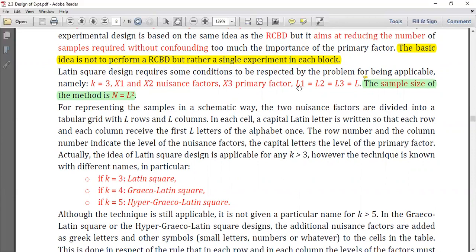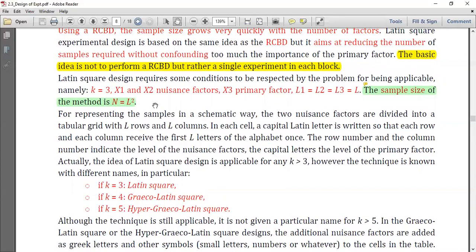It could be 2 levels, or 3 levels, or 4 levels, or 5 levels, whatever the levels may be, they should be equal in size. So the number of samples n will be equal to L square. That is why it is named Latin square design.